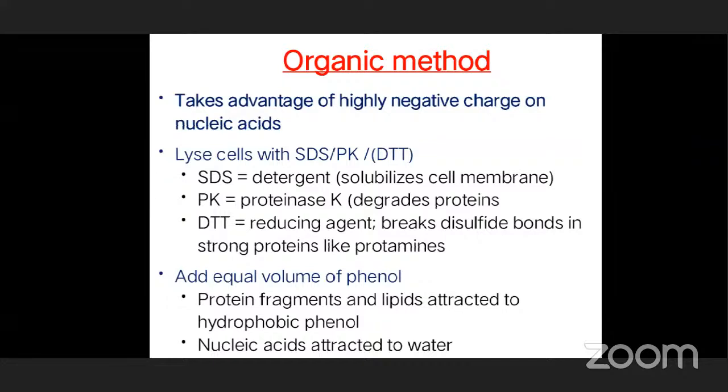After the removal of all these compounds, add an equal volume of phenol. Then protein fragments and lipids are attracted to hydrophobic phenol, and nucleic acids are attracted to water. By this process, proteins and lipids are removed.